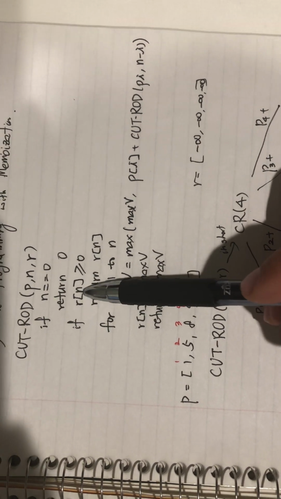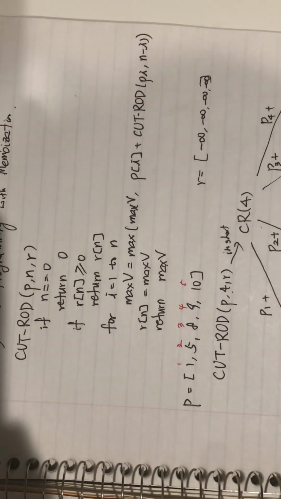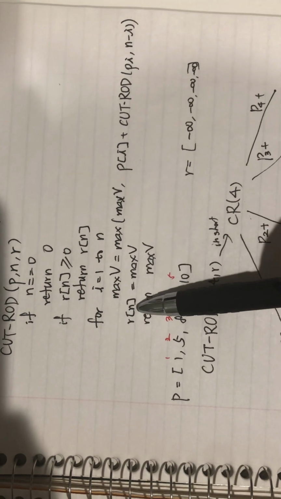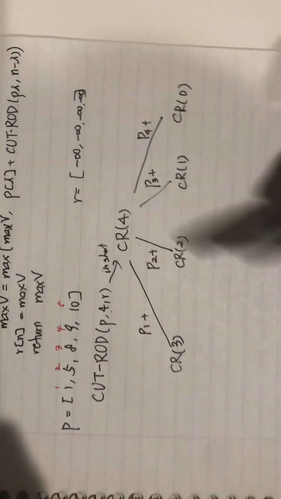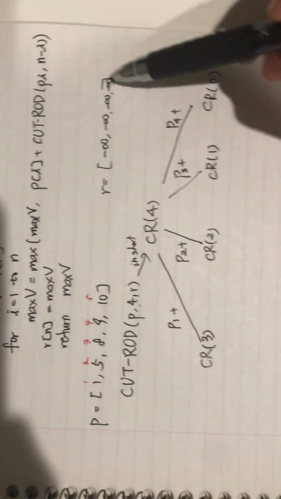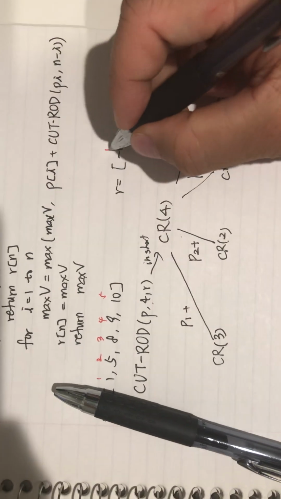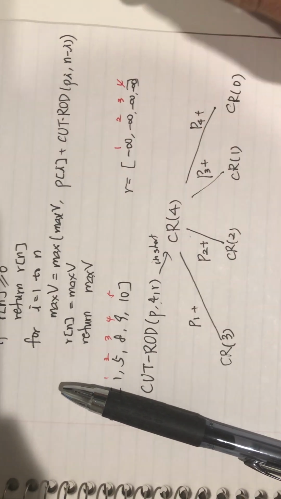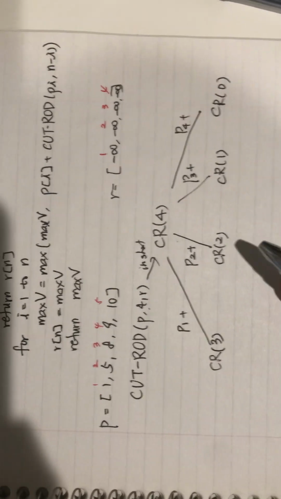L of n is the value of CutRod n. But if it is negative, you have to go through regular operation and then save it at the end. So here you go. CL4, L1, 2, 3, 4, they're all negative for now.